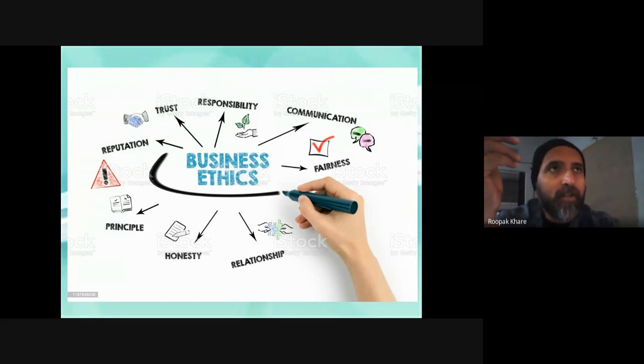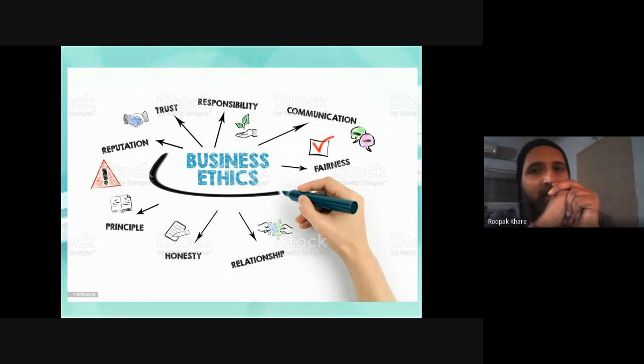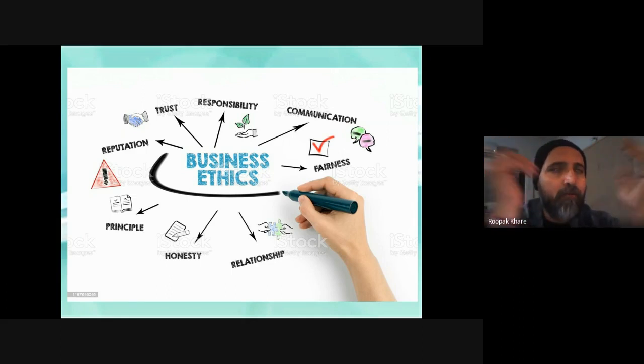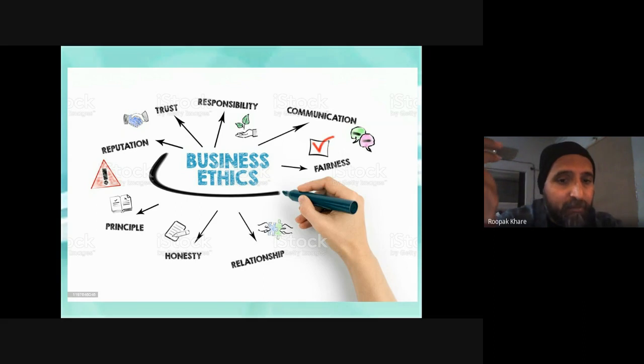When you don't follow them, it is negative or low business practices. All these business practices are termed as business ethics. And what are they? We can probably list a few of them, not all, of course. Good communication, responsibility, trust, reputation, following the principles, honesty, maintaining relationships, being fair in your dealings. These are all good business ethics, right? And every business should follow them.